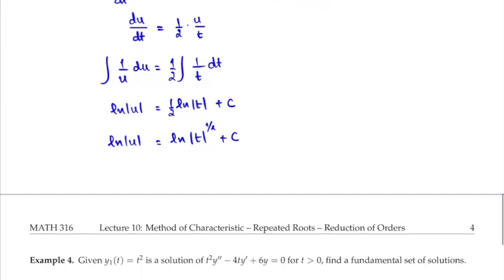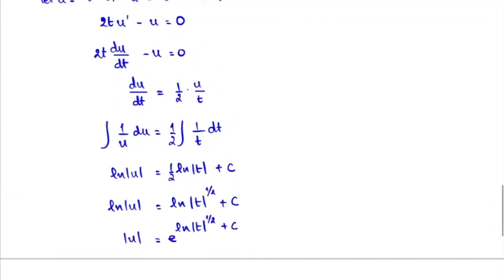And then you do absolute value of u equal to e to the ln of absolute value of t to the 1/2 plus c. And you have absolute value of u equal to e to the c times e to the ln of absolute value of t to the 1/2.